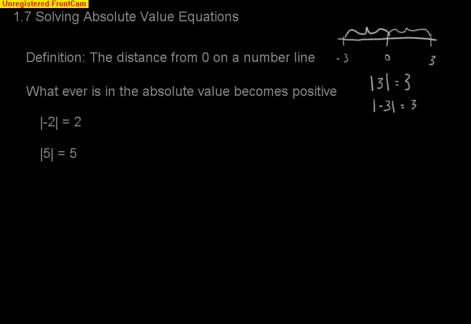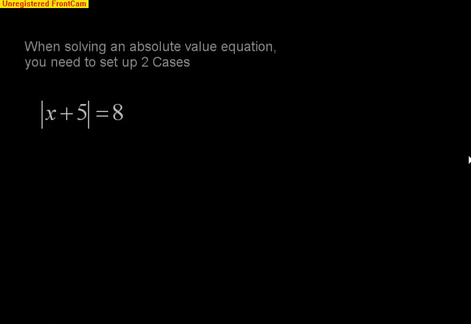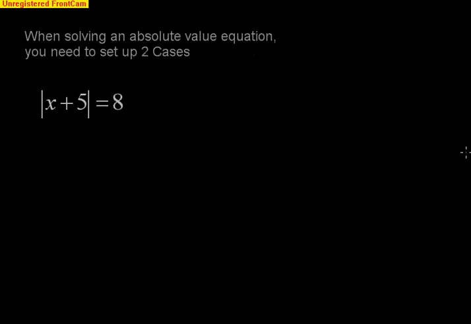Now, to start solving equations, we need to make sure we set up two cases when we do this. So what we're going to do is we have the absolute value of x plus 5 is equal to 8. So case 1, we're going to drop the absolute values and say, all right, x plus 5 is equal to the positive 8.